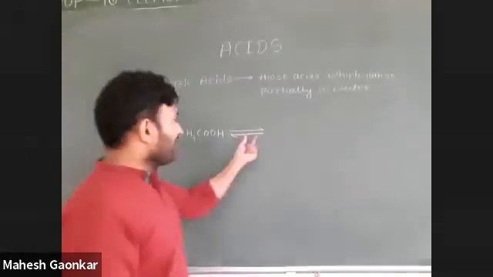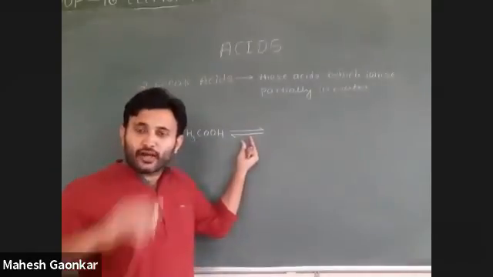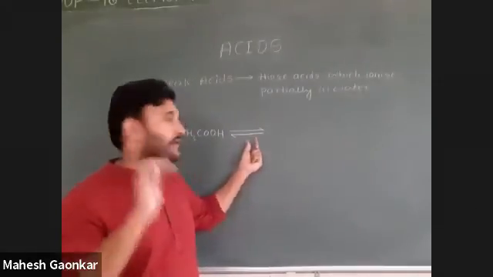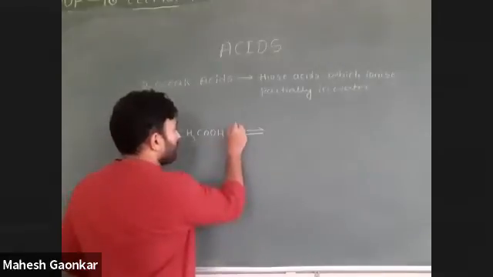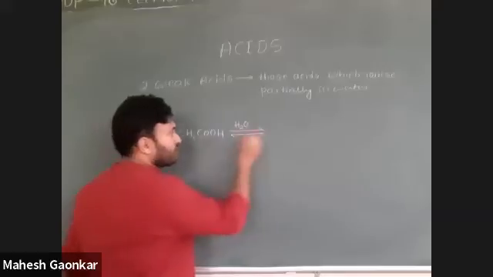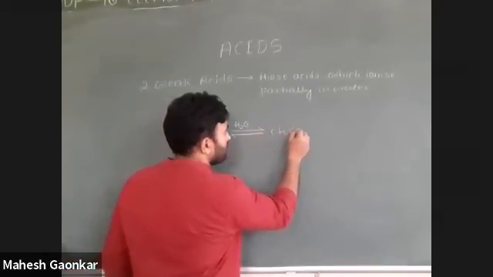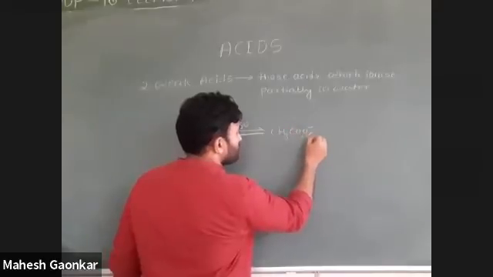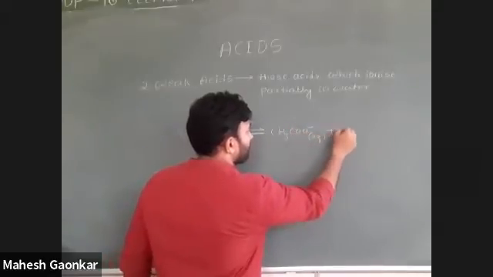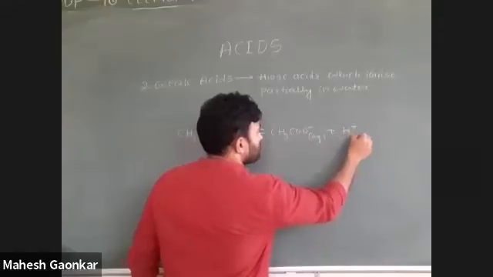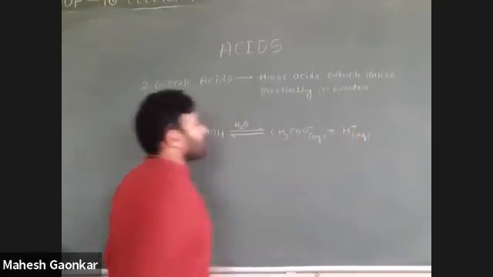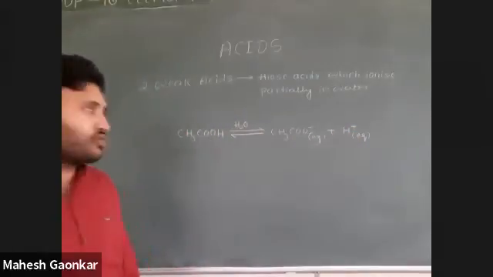If we represent it like this, it indicates it ionizes partially. So when acetic acid is dissolved in water, it ionizes partially into CH3COO minus plus H plus.